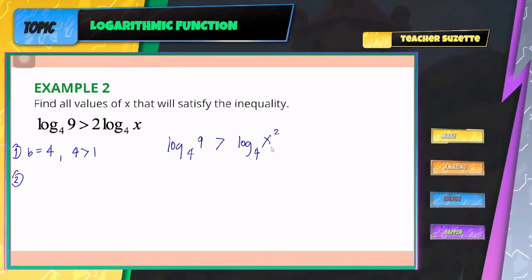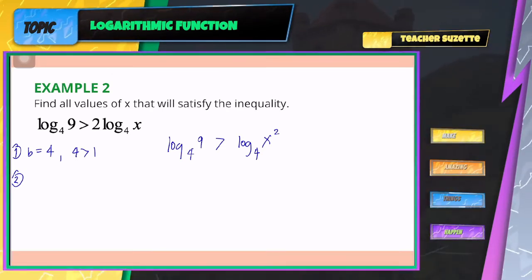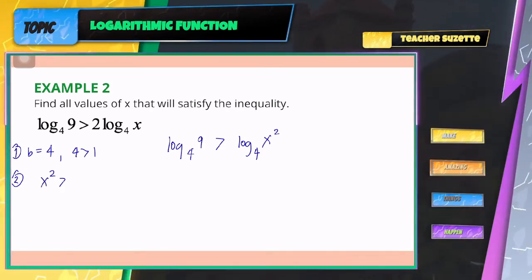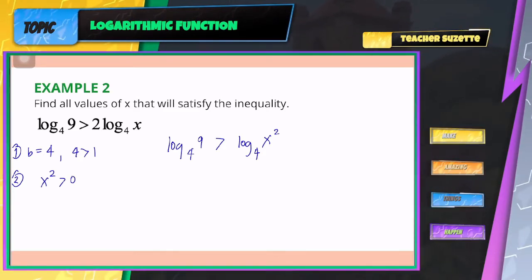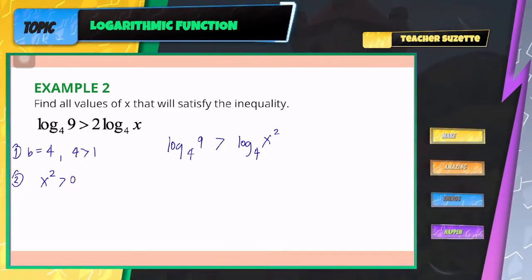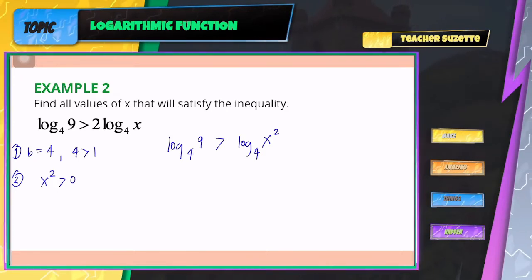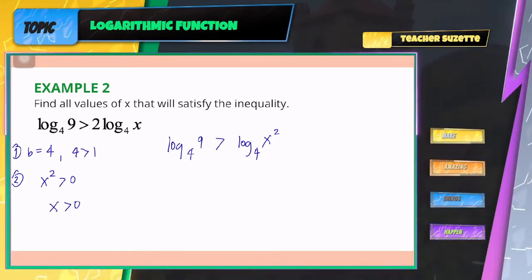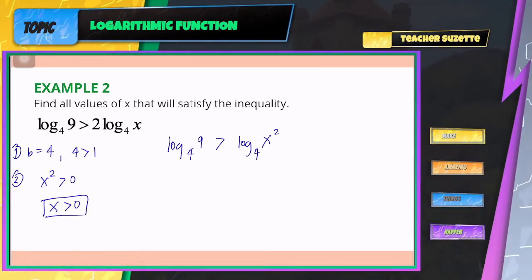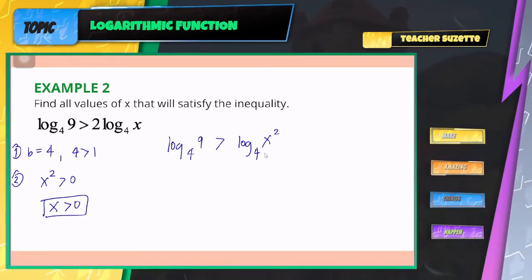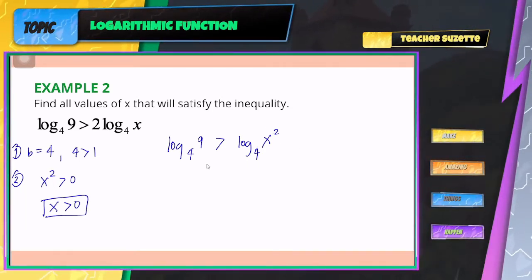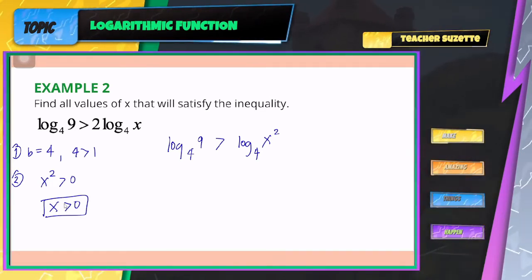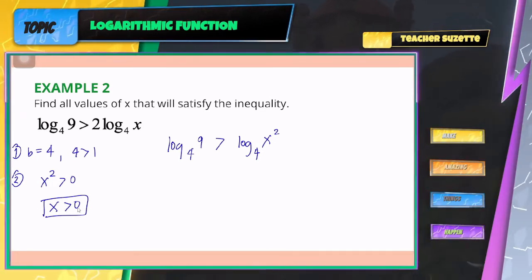Pero dito sa x squared natin, we have to consider that x squared daw po natin should be greater than 0. Anong mga possible values nito? And, obviously, we will have x when our x is greater than 0. So, all solutions ng ating term ng logarithmic expression is when our x is greater than 0.